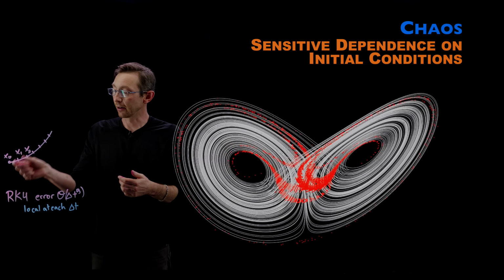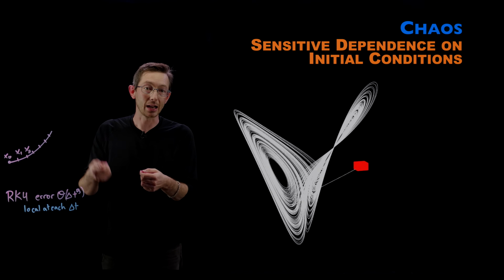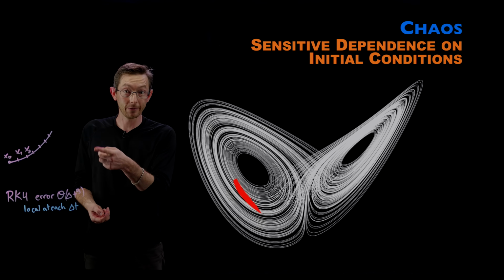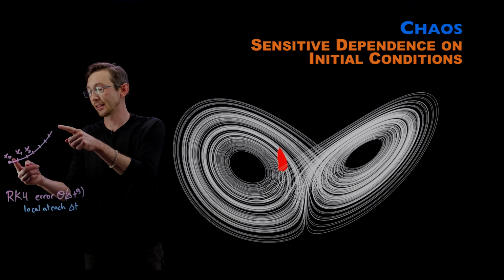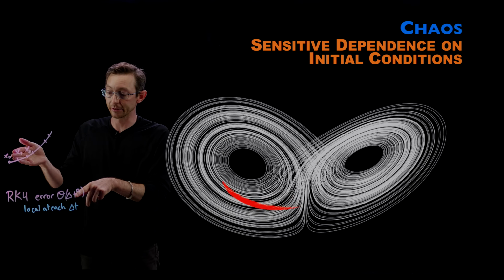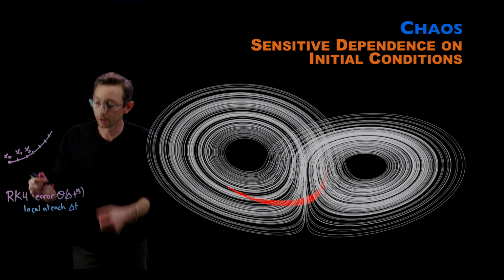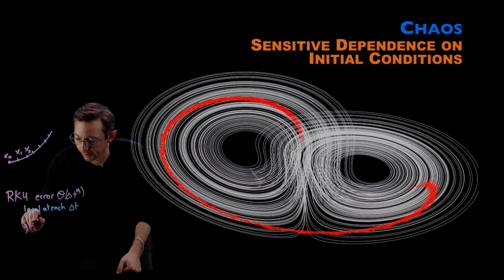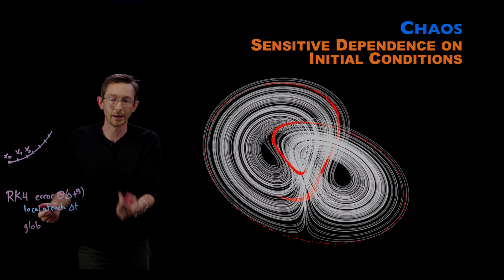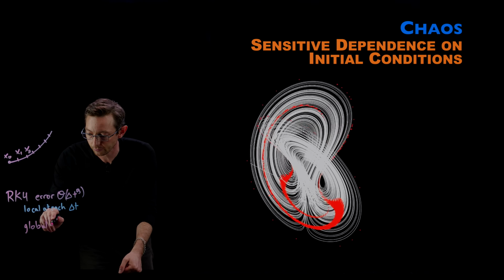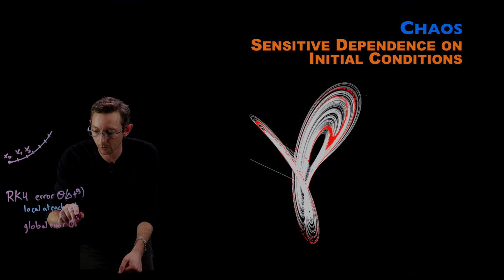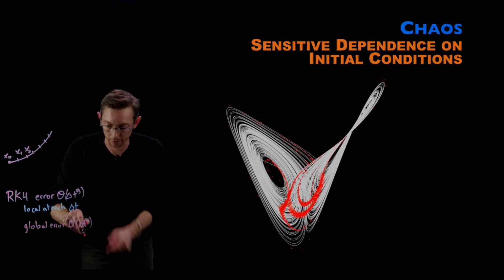Because essentially these errors will just add up, and each time step you're accruing this order delta t to the fifth error, and if I make delta t smaller, I have more steps for that to accrue. And so the global error is often just this number divided by delta t. So the global error would normally be order delta t to the fourth.